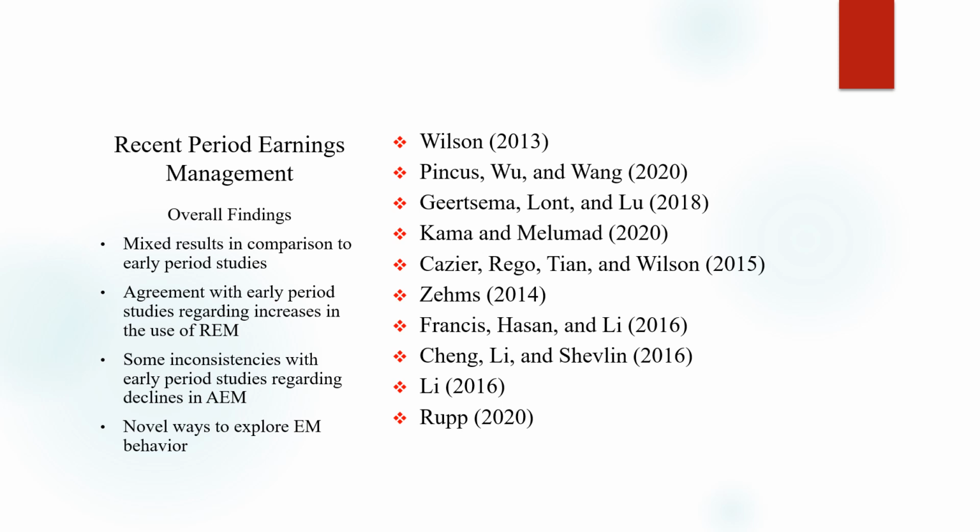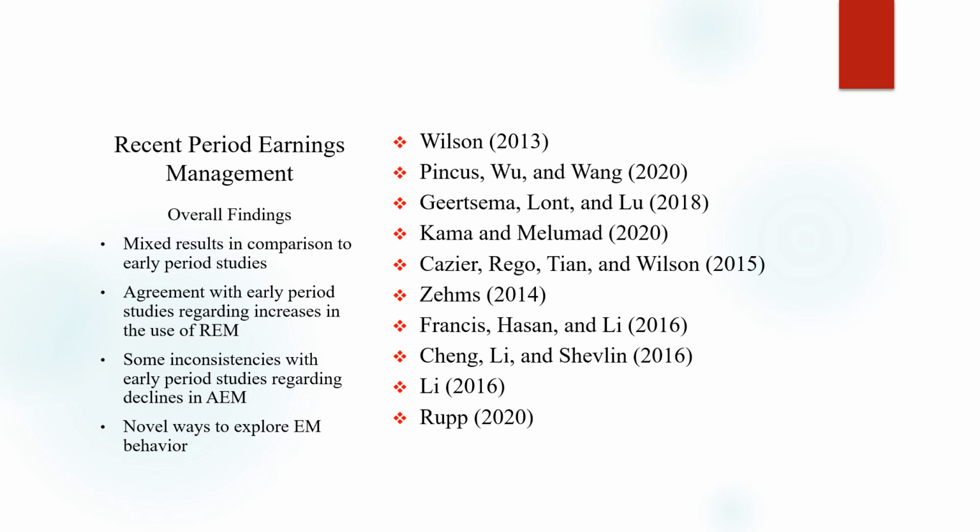And they find the same result as Wilson 2013, and that is there's a clear increase in real earnings management, but the decrease in accrual earnings management is spotty in certain sub-periods of time after Sarbanes-Oxley. It appears to go down. In other sub-periods of time, it does not appear to change. So it's not an open and shut case that accruals earnings management decreased following Sarbanes-Oxley. It's still very much an open question.